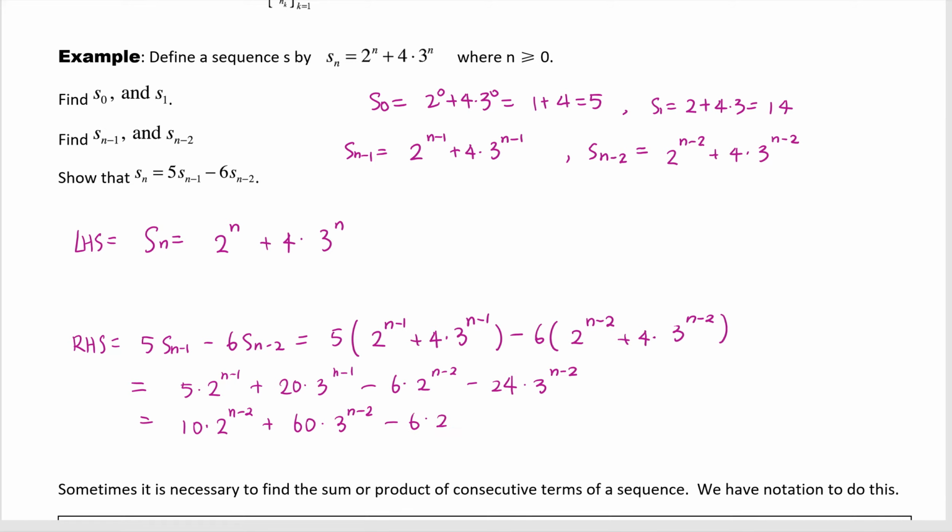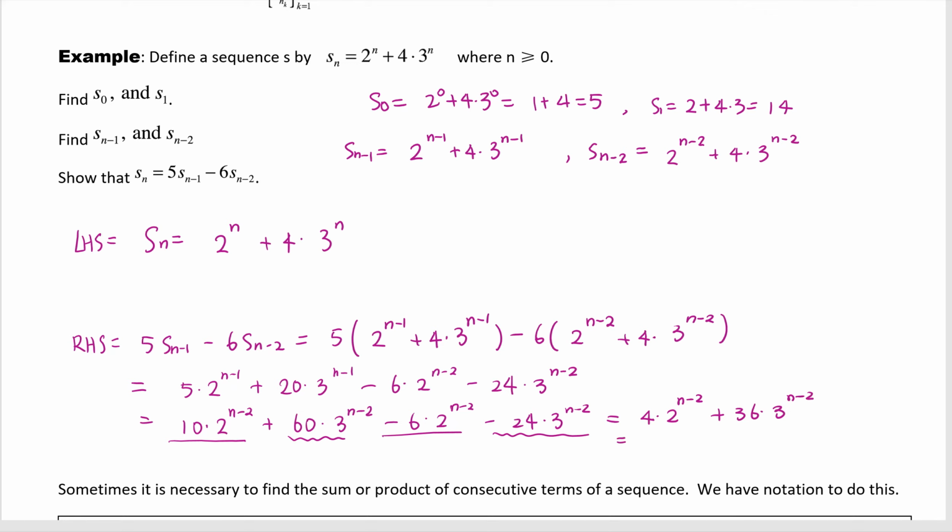Then minus 6 times 2 to the n minus 2, and minus 24 times 3 to the n minus 2. Now we can combine the like terms. 10 minus 6 is 4, so 4 times 2 to the n minus 2. And 60 minus 24 is 36, times 3 to the n minus 2.